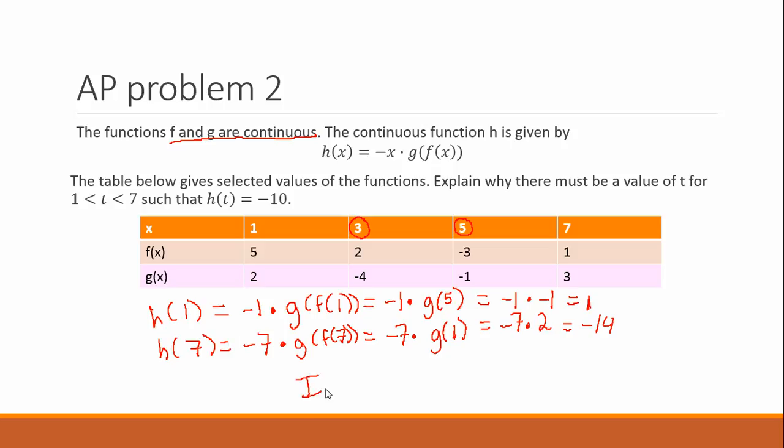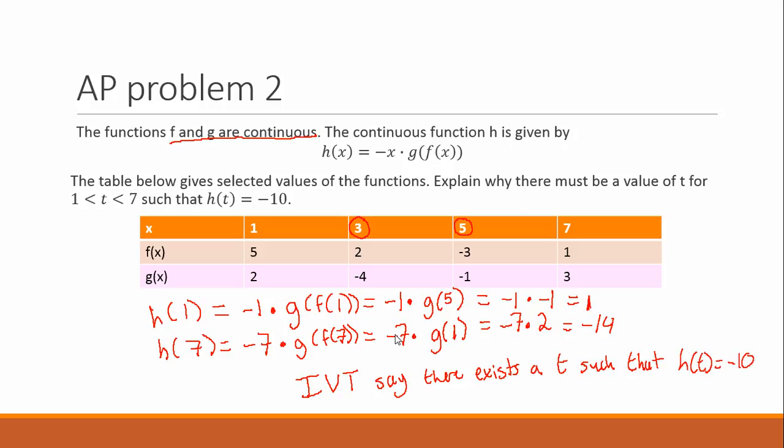So the IVT says there must exist a t such that h of t is equal to negative 10.